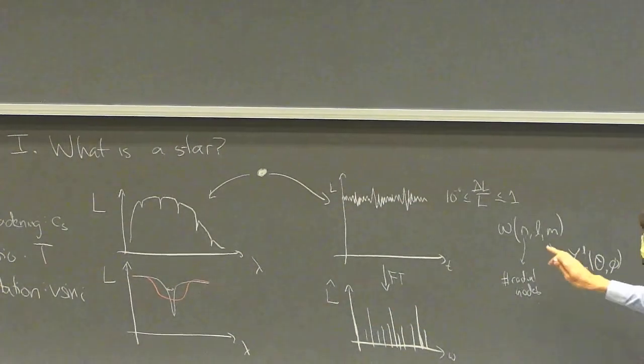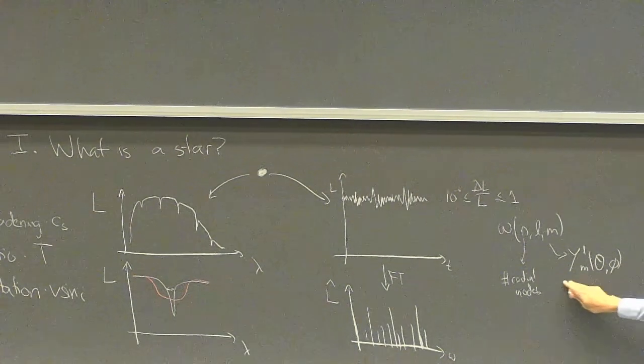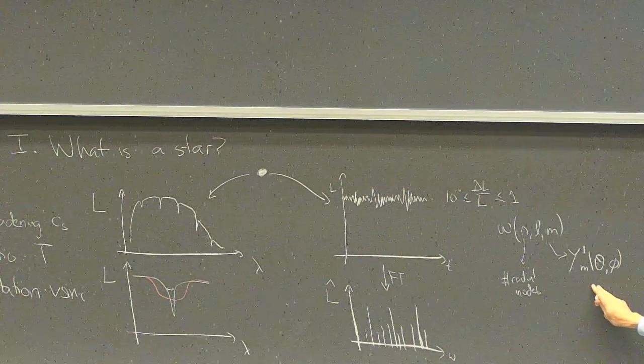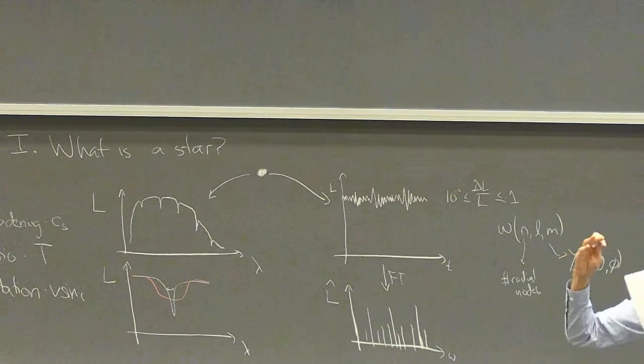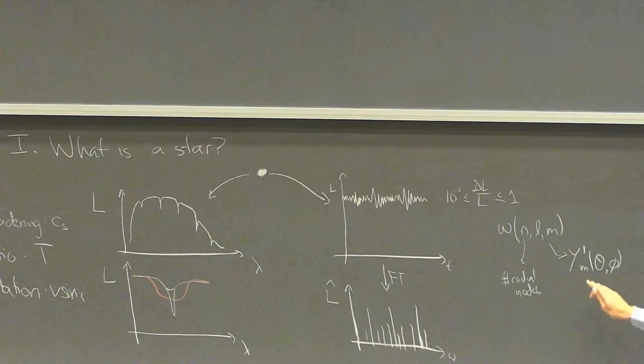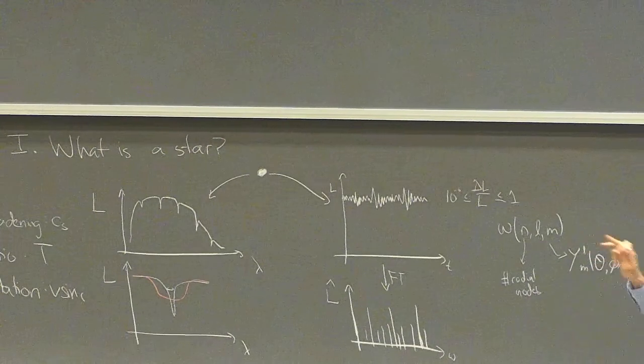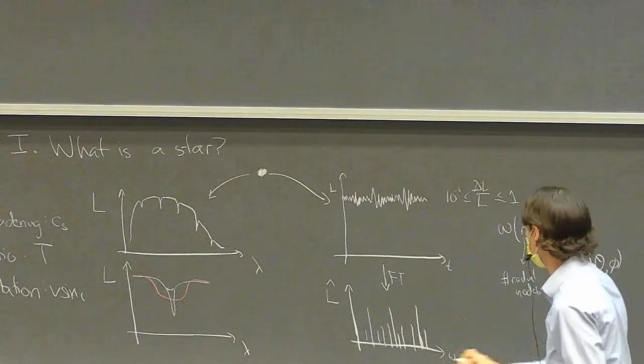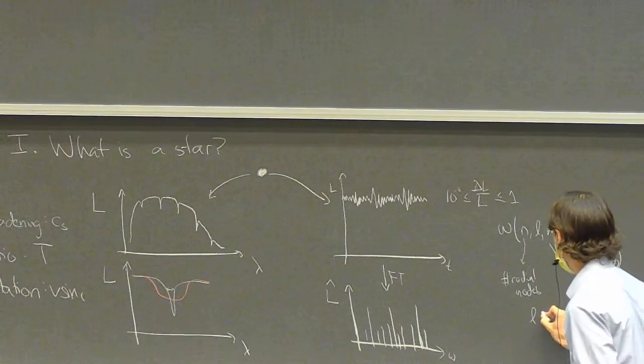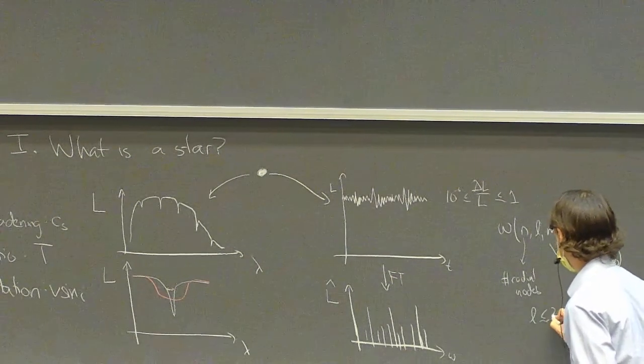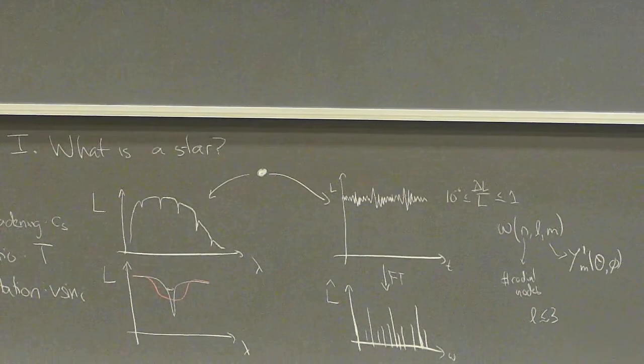That means that we can't actually figure out directly what is the angular characteristic of these modes. You're actually taking an average over them, and when L is high, that average wipes out a lot of your signal. So really, the only thing that we're seeing here is L less than or equal to 3. It's not as much information as there could be, but that's basically what we have.